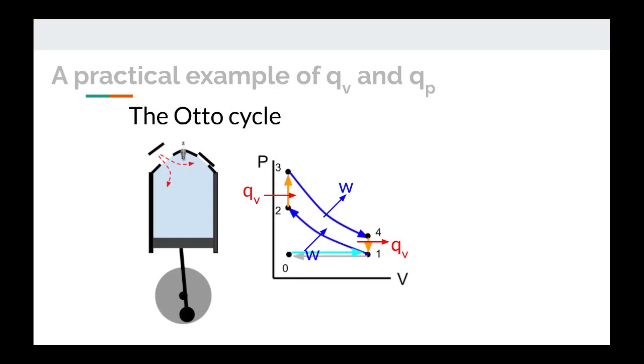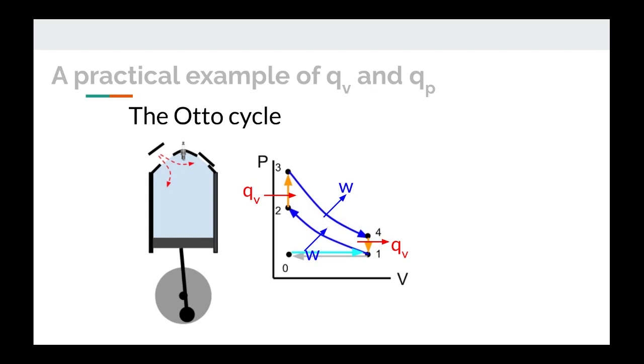If you don't understand how an internal combustion engine works, that might not have been so helpful, but if you do have a general knowledge of how IC engines work, that might help give some sense of what working and heating energy exchanges are like in a real life cycle.